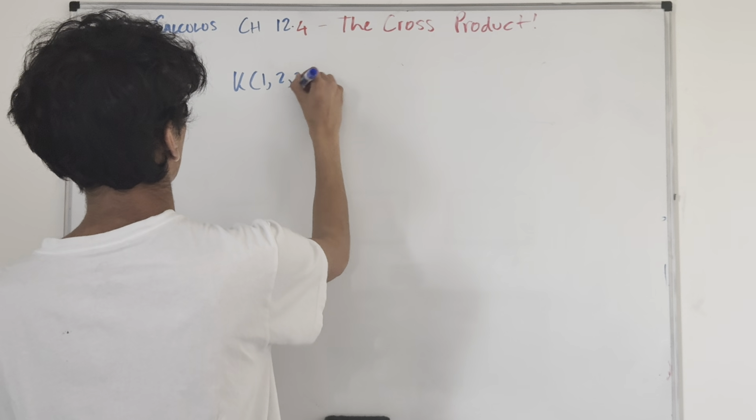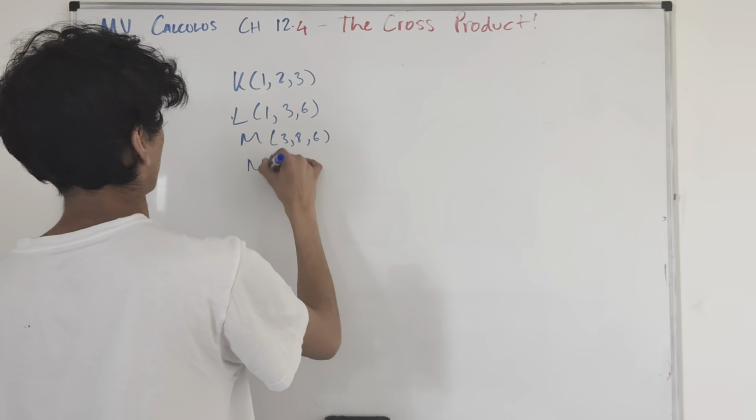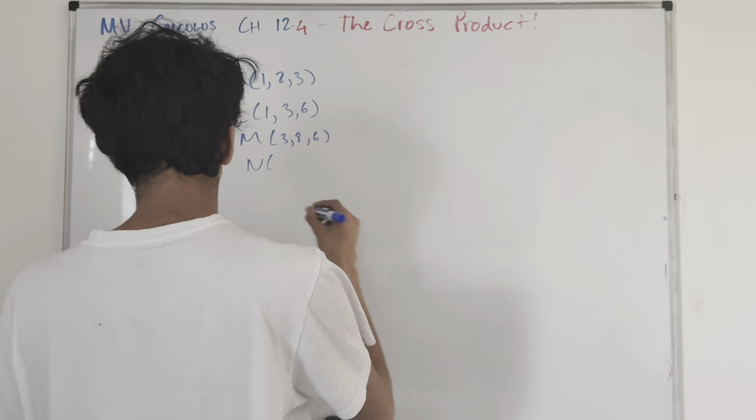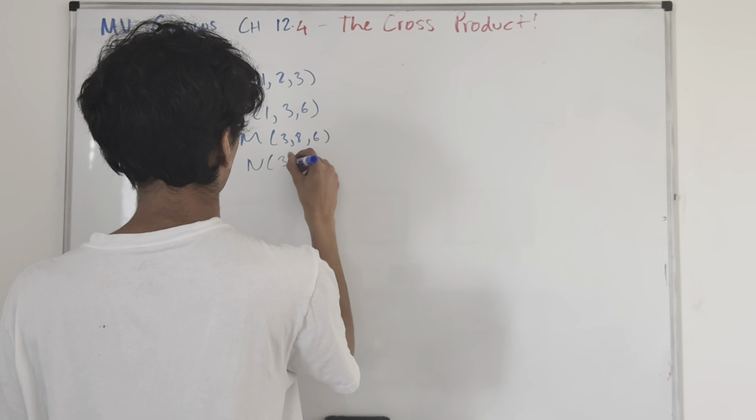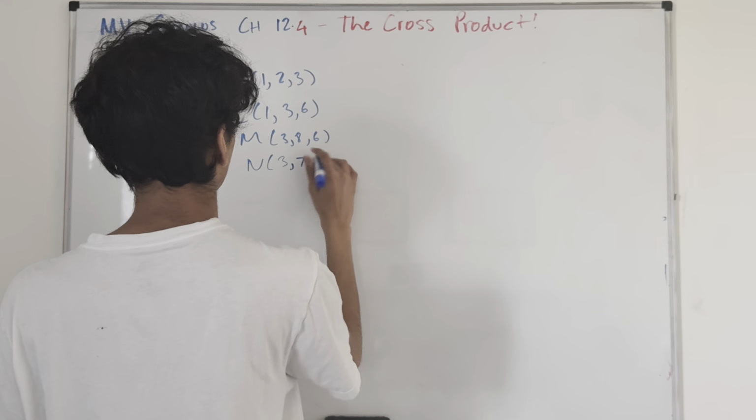I have a vertex L, which is (1, 3, 6). I have a vertex M, that's (3, 8, 6), and I have a vertex N, which is (3, 7, 3).